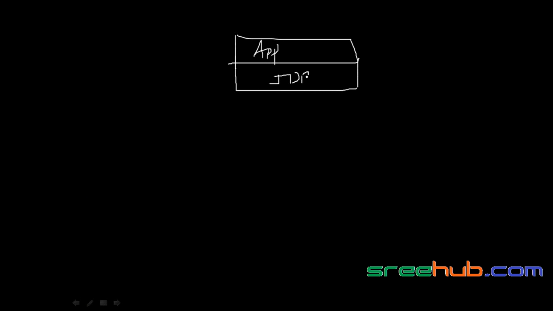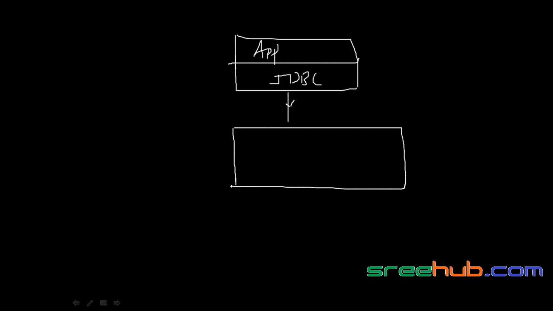Now this JDBC app will be talking to something called a middleware. Now what is this middleware? This one will be talking to your database. This middleware can be anything. It can be a server or a web service or anything.